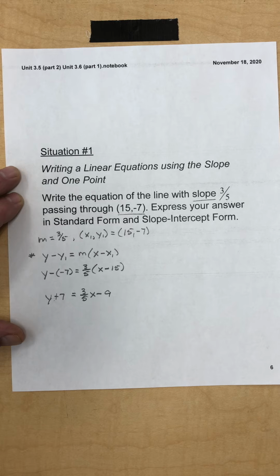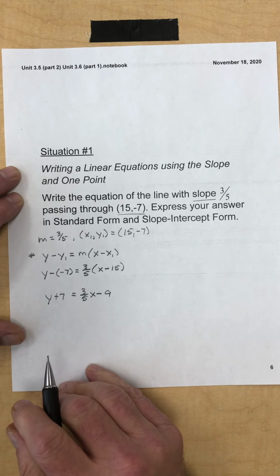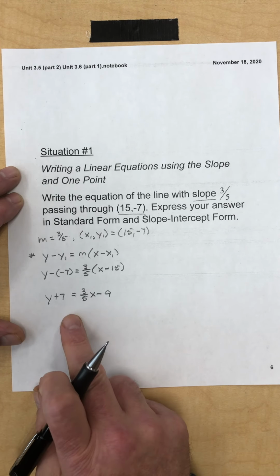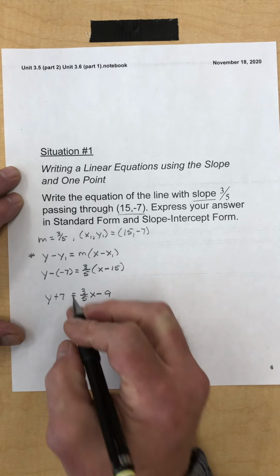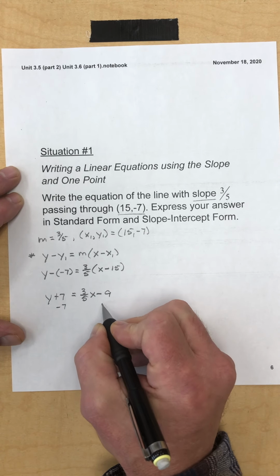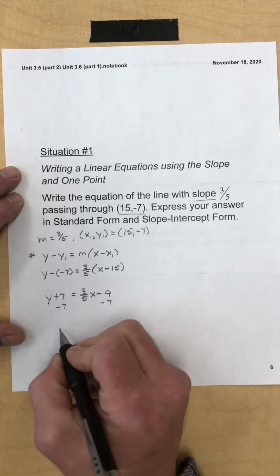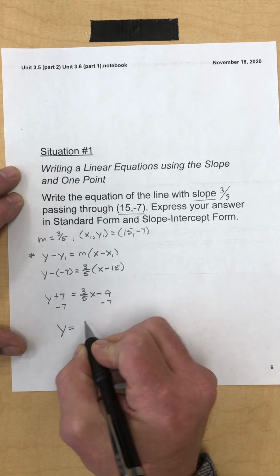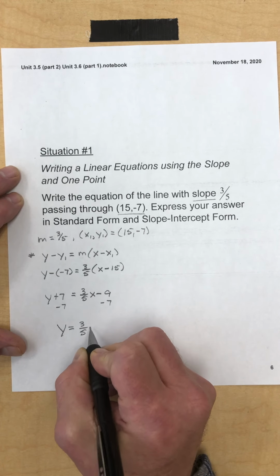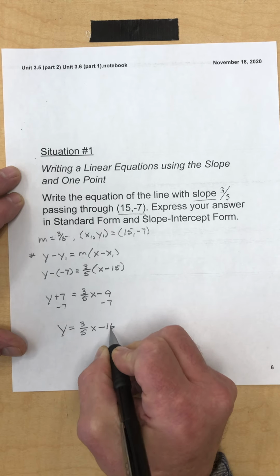Now to be in slope-intercept form, y has to be all by itself. It has to be y equals. So notice I have to subtract 7 from both sides to do that. So I get y equals 3/5 x minus 16.